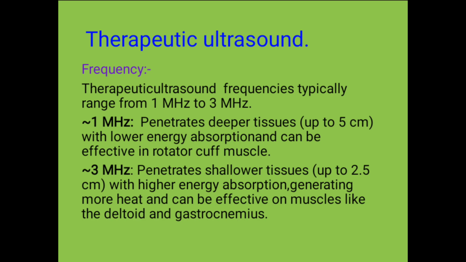So the 1 megahertz frequency penetrates deeper tissues, so it has a higher penetrating power, and it can penetrate up to 5 centimeters of tissue, and it has a low energy absorption.